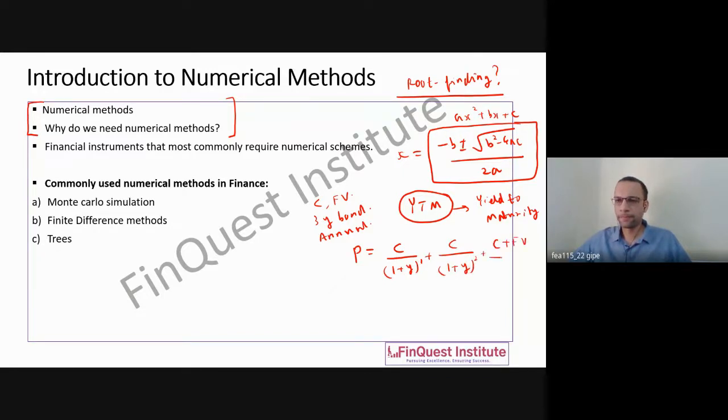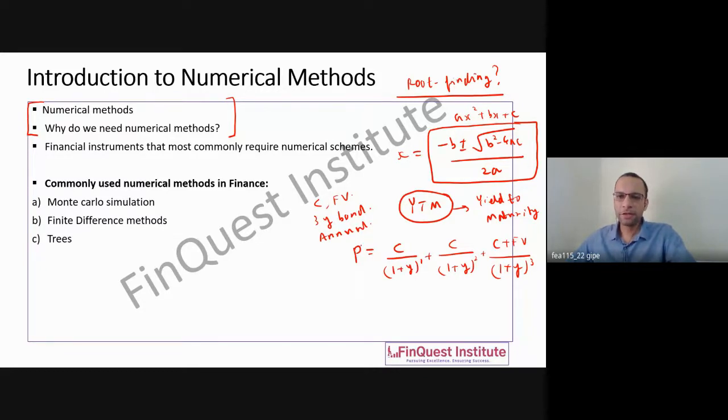This is a simple bond pricing equation. Of course, we will do some review on fixed income at a later point in time, before we get on to any interest rate products. But till then, we can work with this. So we have this very simple bond pricing equation. We know that bond price is nothing but the present value of its future cash flows.